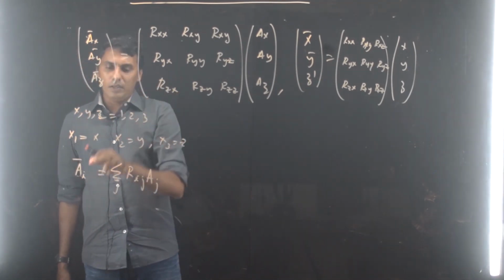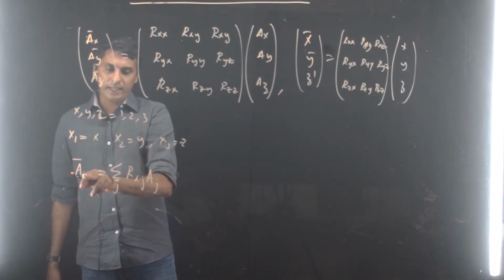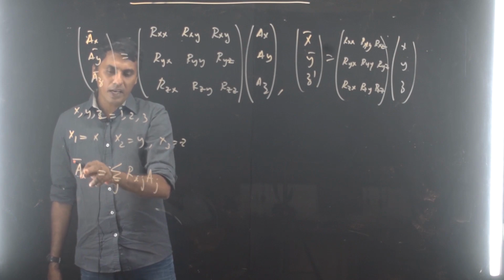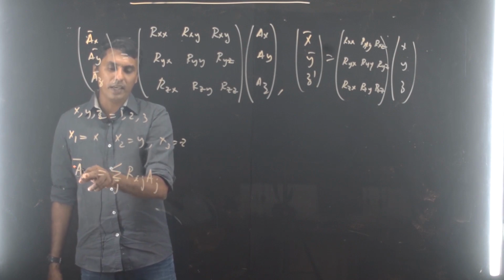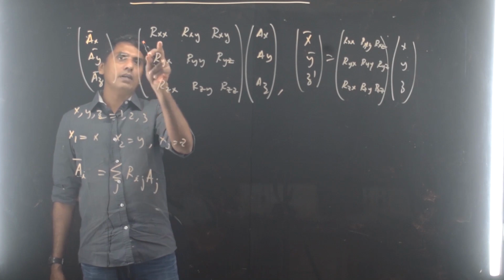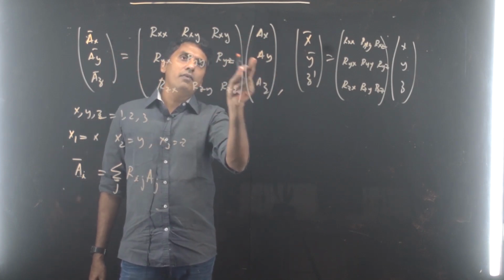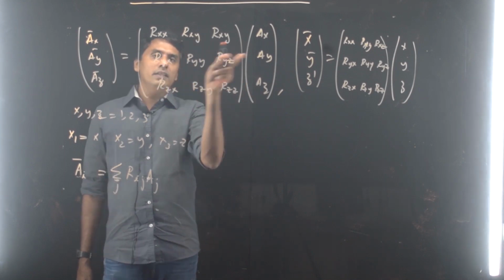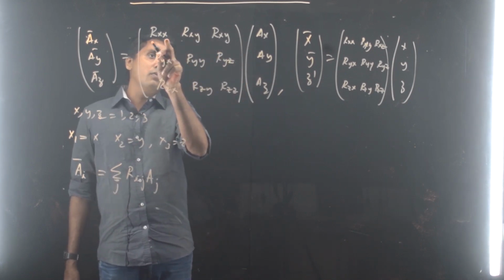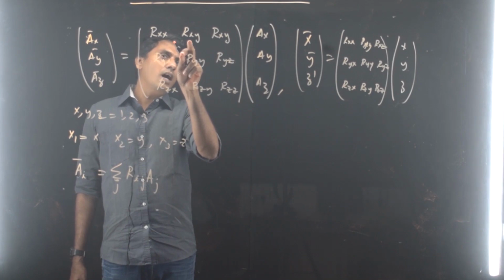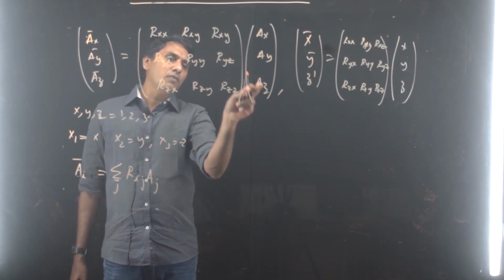Here, if i is 1, you will get a x bar. What is a x bar? You will get r x x a x plus r x y a y plus r x z a z, or in the 1 2 3 notation, r 1 1 a 1 plus r 1 2 a 2 plus r 1 3 a 3.